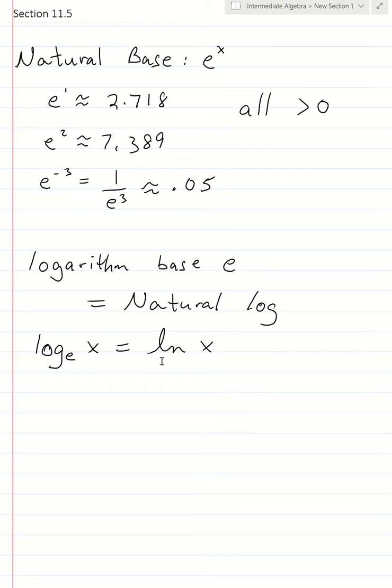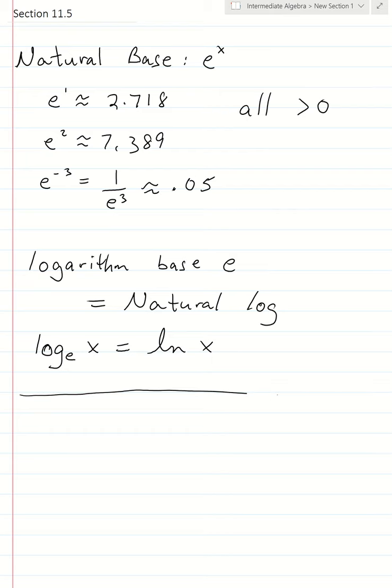I usually write it in script, not to be confused with 1n. So if you ever see ln of x, that means the natural log, or log base e of x.